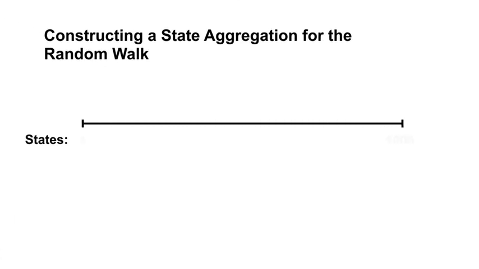Let's return to the random walk and see how we can apply state aggregation. First, we have to choose how we aggregate states. State aggregation forces states in the same group to use the same value estimate. So ideally, we should group states together if we have reason to believe their values will be similar. In this problem, it's an easy choice.